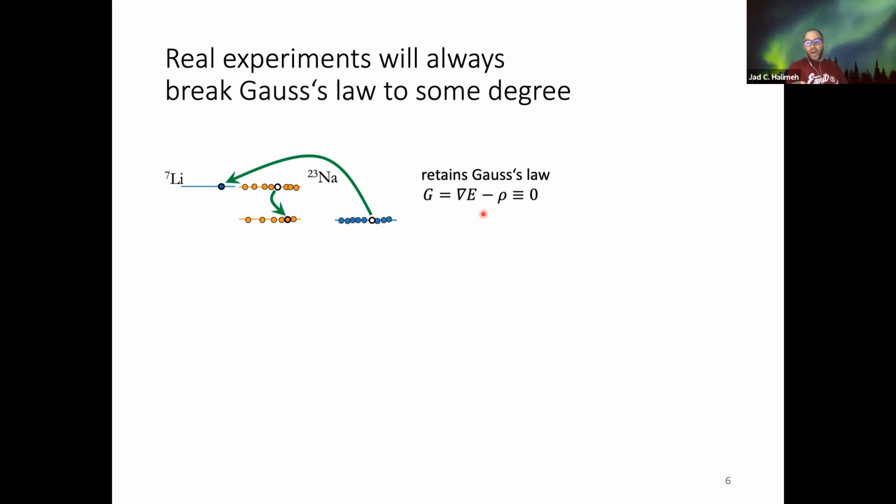So I excite a sodium atom, and at the same time, I excite a lithium atom to simulate this electron-positron pair creation, and I de-excite a sodium atom in order to simulate the concomitant flipping of the electric field.